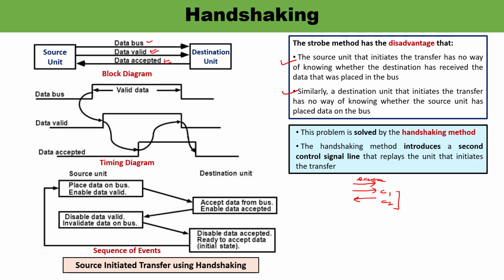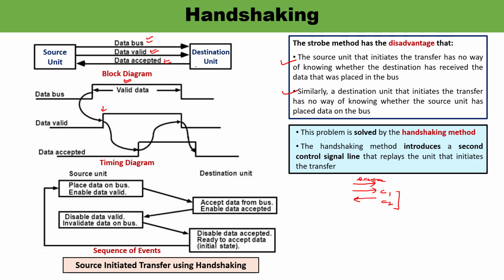How does this transfer take place? By placing the data on the data buses. You can see valid data is being placed, and when this data has settled, the source initiates the transfer by placing the data and sends an enable signal, data valid. After a certain time, the data valid signal gives an indication to the destination unit. What is the destination unit doing?